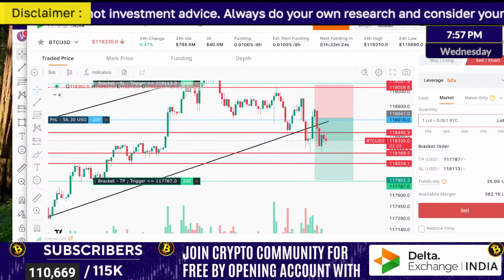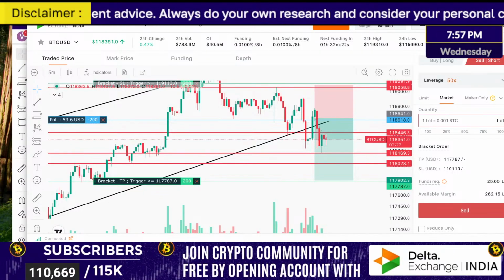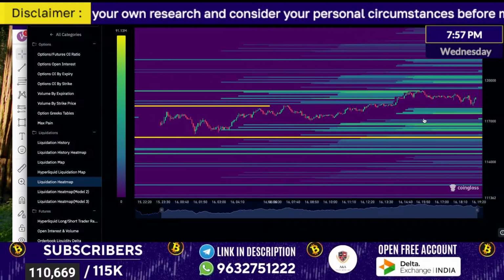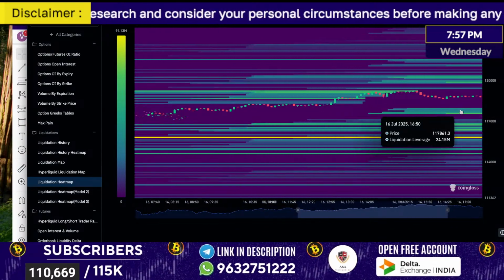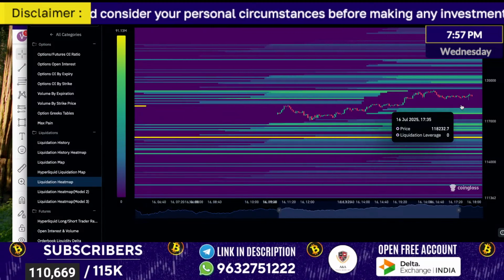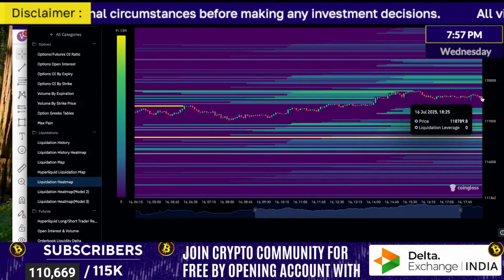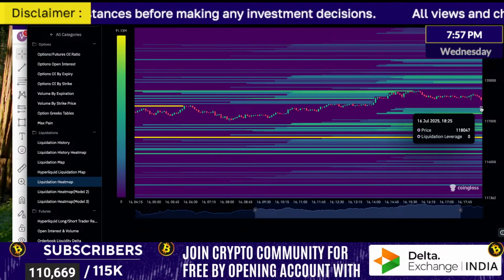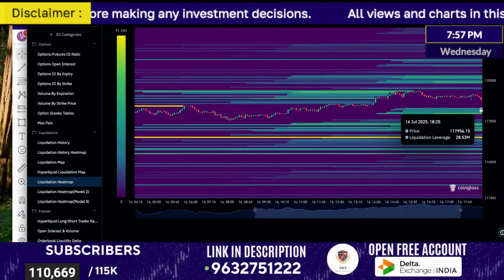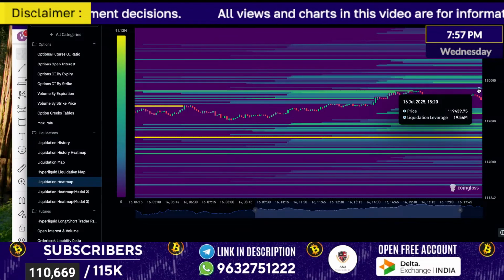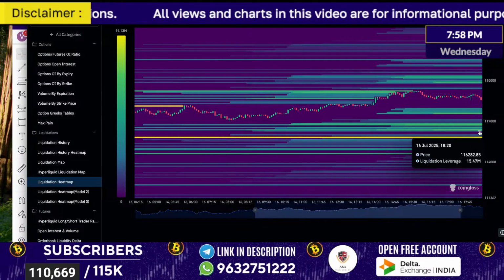Liquidity heat map. It is saying the market is between 1,17,900 and, on top, 1,19,400.